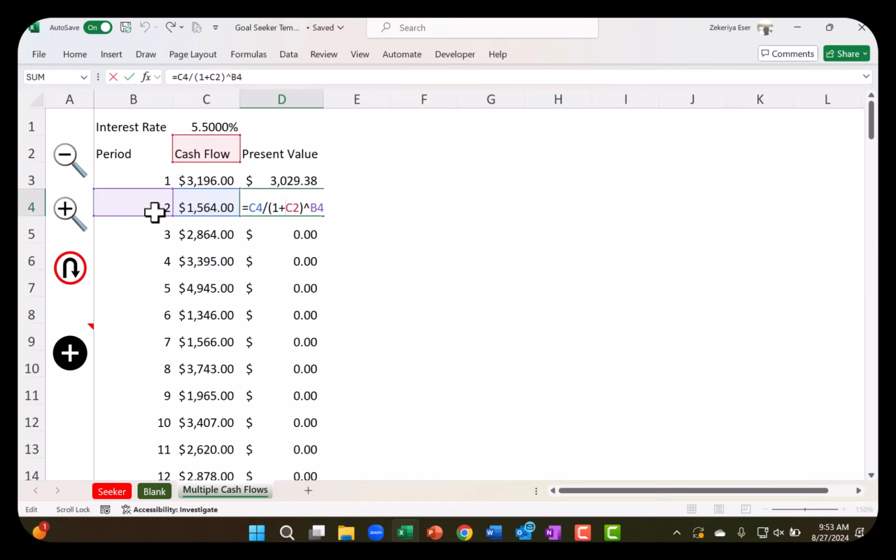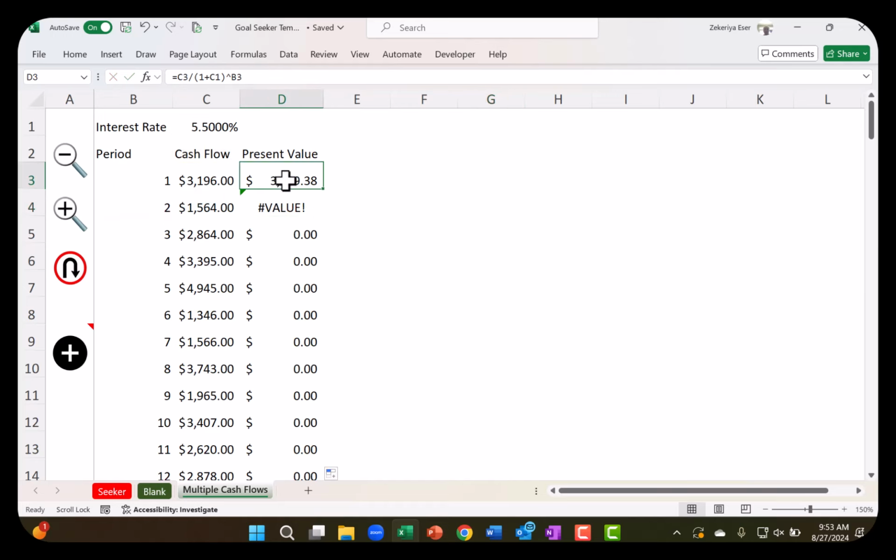The reason that happens in Excel, there are two and a half types of reference. One is called relative reference. This is default. Relative reference means when you copy a formula and paste it, references shift.